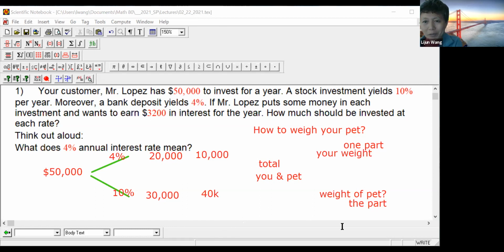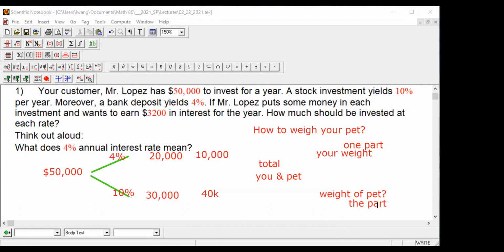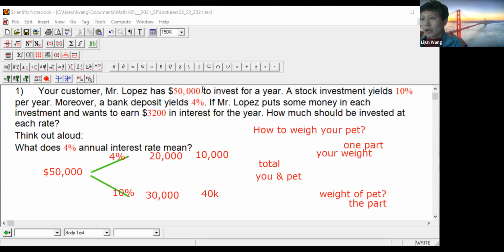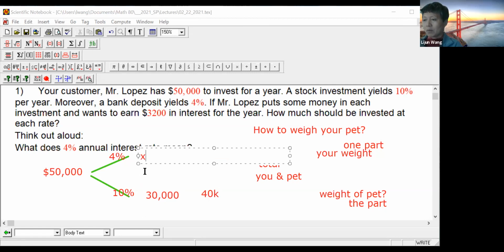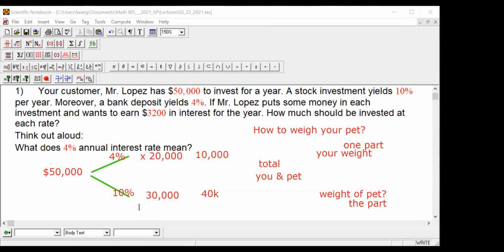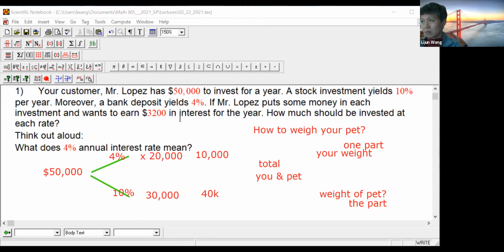So do we have a formula now? Yeah. We have a formula now. What is your formula? So if you're trying to put X on the 4%, the bottom should be 50K. If you put X where? On the 4% interest. Okay, so if this is X, how much should you put in for 10%? 50,000. 50,000 only?